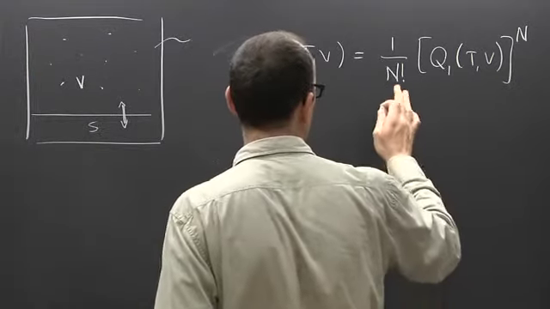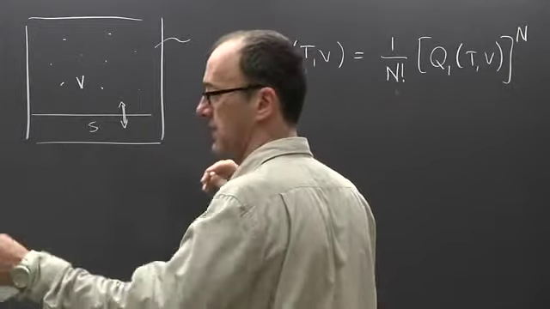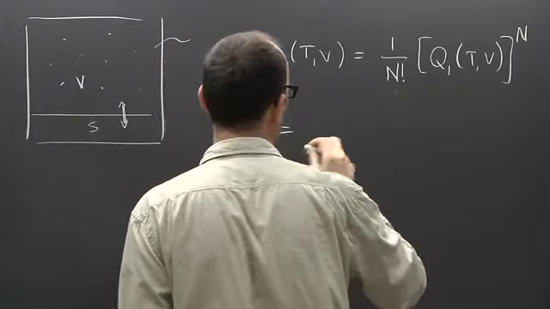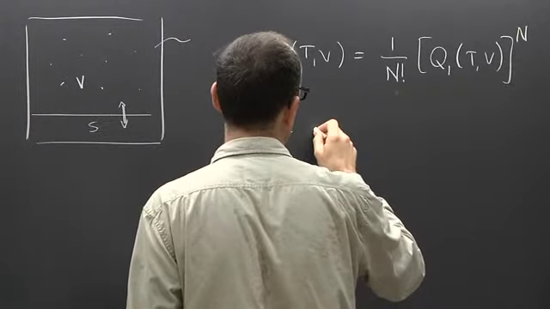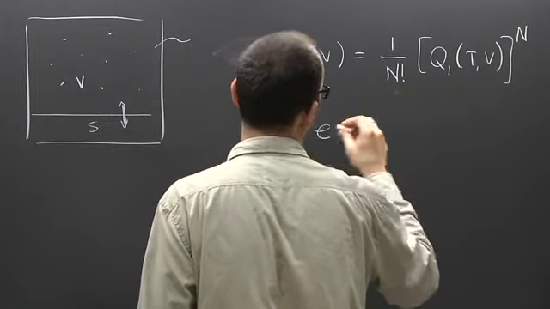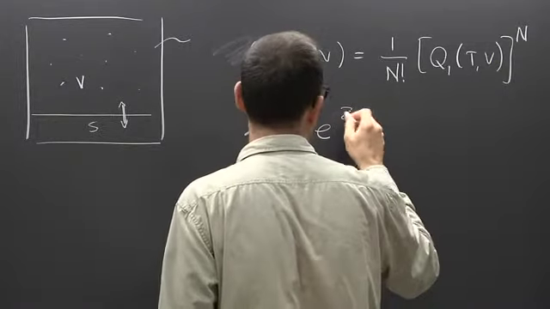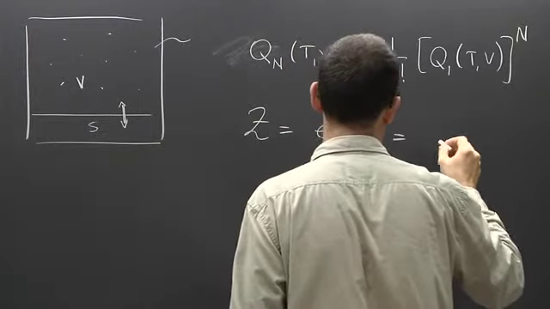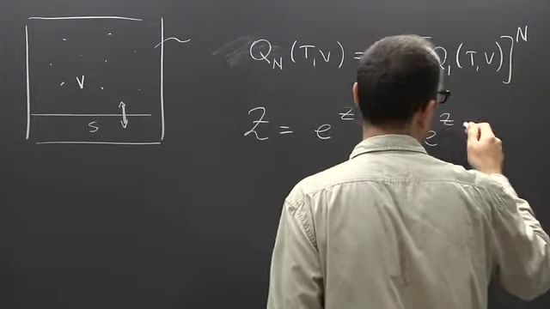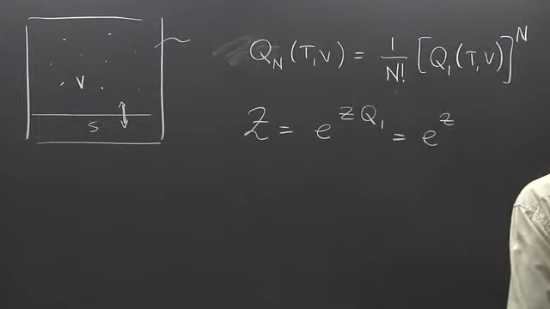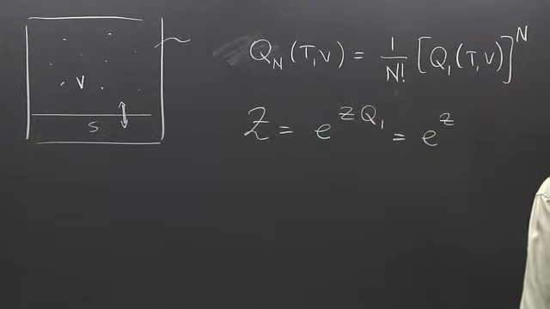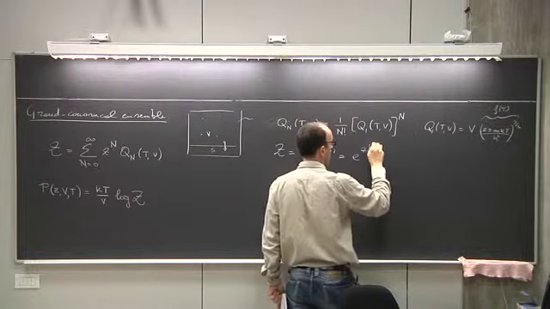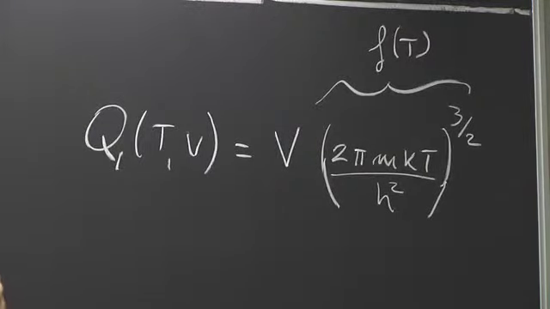So if I take this formula, the grand canonical partition function is just the exponential of z times Q1, which is the exponential of z times V times f of T, where I call this function f of T.